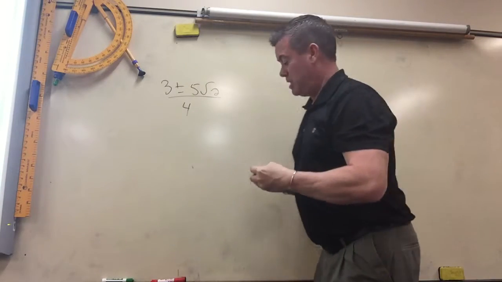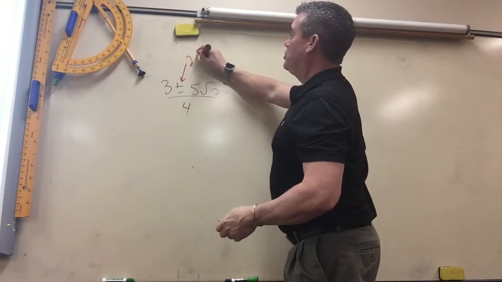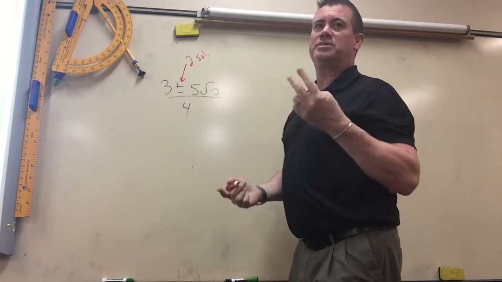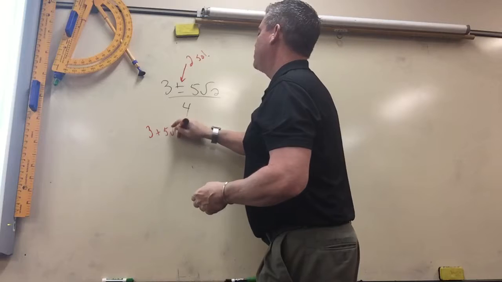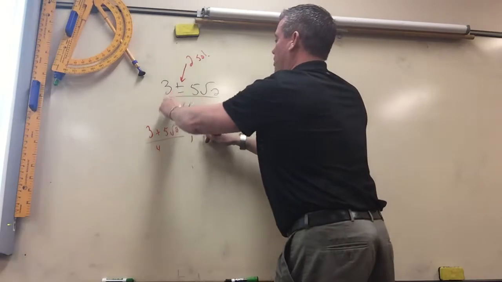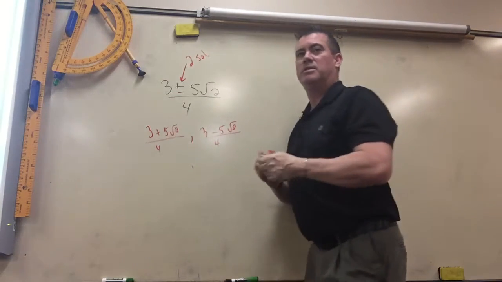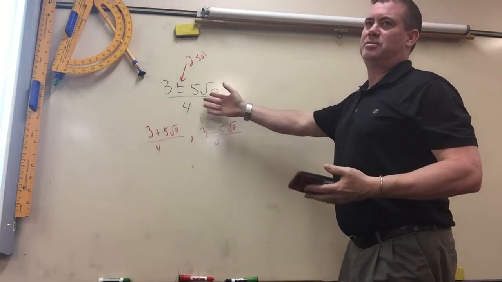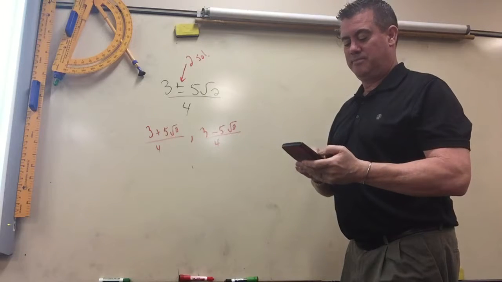Now, this plus or minus here means there's going to be 2 solutions. So you got to do 2 things on your calculator. First, you got to take 3 plus 5 square roots of 2 divided by 4. That will give you one answer. Then you got to go 3 take away 5 square roots of 2 divided by 4. Okay, so it's just 2 problems in one. Again, this is leading up to something that we're going to do later in the chapters for solving quadratics.